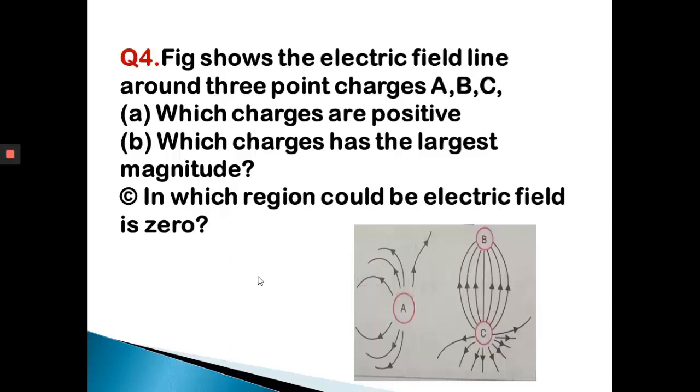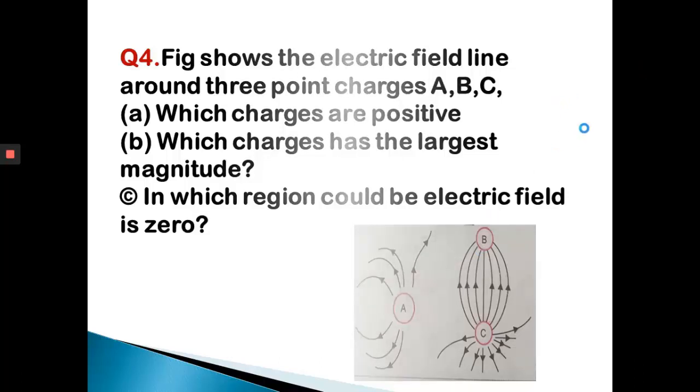So here we will see one by one which charges are positive. From A charges are moving out, so it is positive. From C it is moving out, so that also positive. Towards B, all the charges are moving towards B, right? So it is negative. A and C are positive, B is negative.